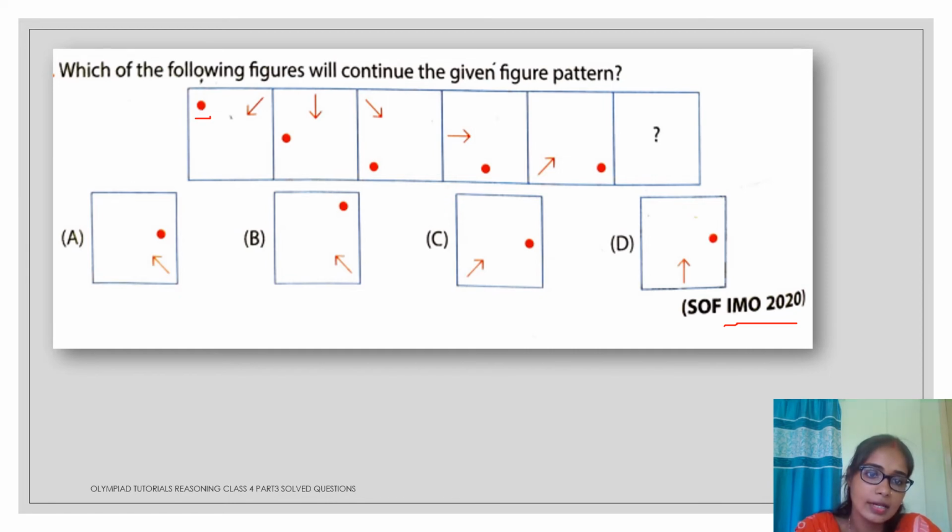You can see it is in the right top column, leftmost column, then it is shifting downwards. So just by observing it, you can find out that this is going to move here. This will be the position of the dot and the position of the arrow is also going to change. So option number D will be your correct answer.